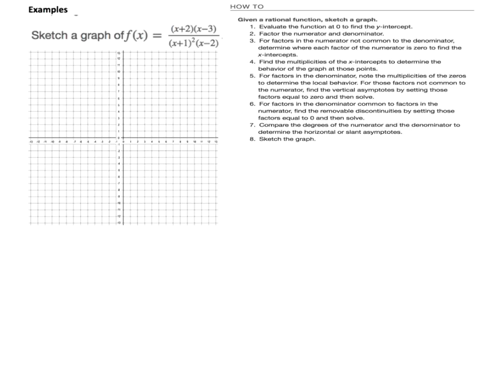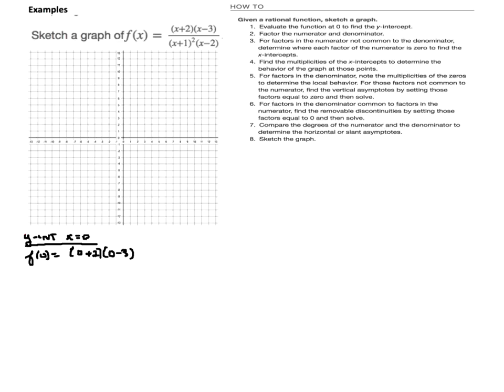Okay, and notice I restated those steps up at the top for you. So we're sketching the graph of (x plus 2) times (x minus 3) divided by (x plus 1) squared times (x minus 2). So the first thing we'll figure out is the y-intercept. Let me get my black pen. Okay, so the y-intercept is when x is equal to 0.